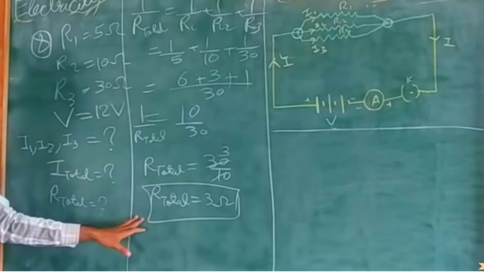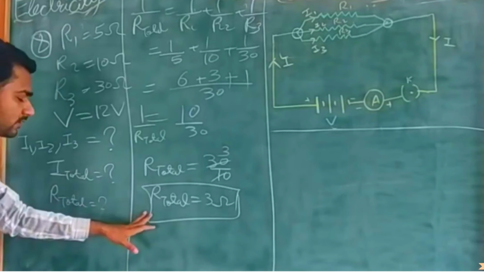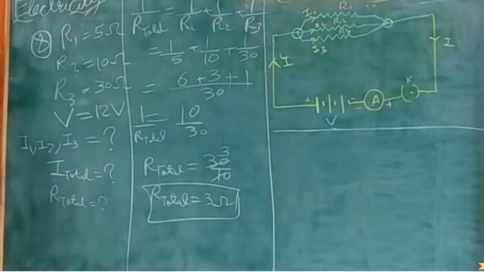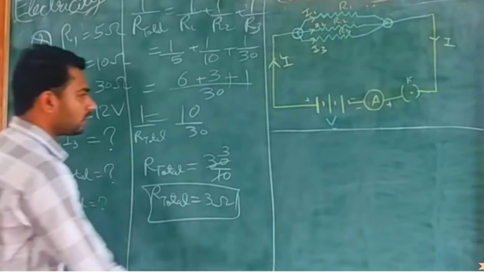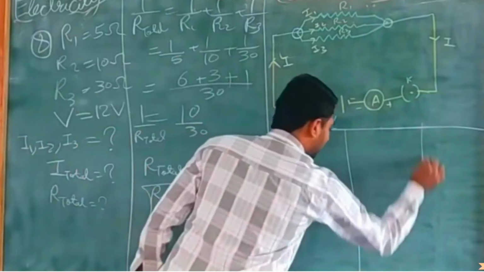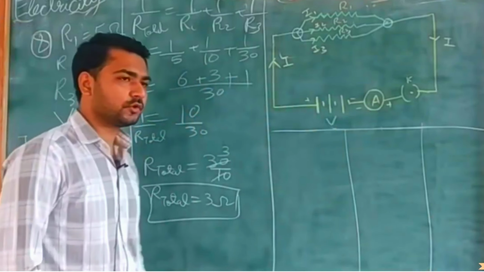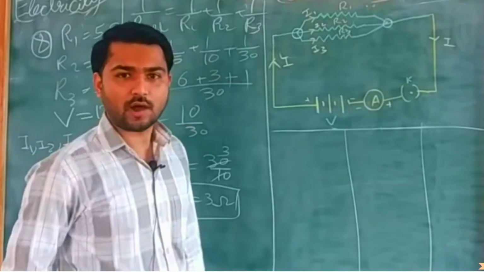देखो, from this we can get to know the total resistance of this circuit is 3 ohm. Clear? Now coming to finding the value of I. So one by one we will do it here. As we know that to find the value of I, we have the formula of Ohm's law, that is V is equal to IR.